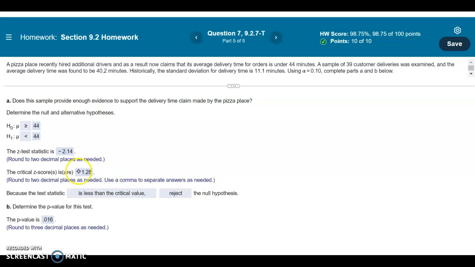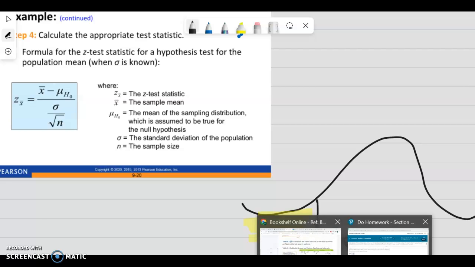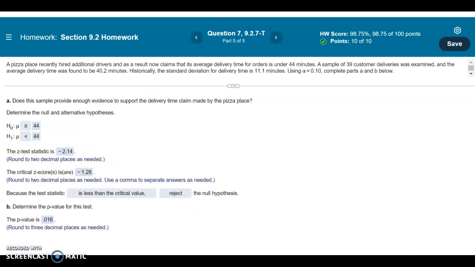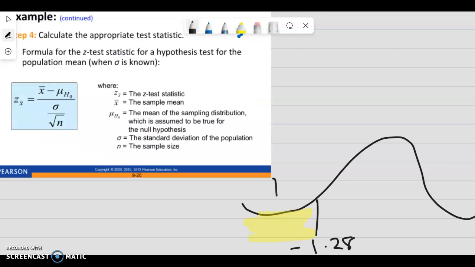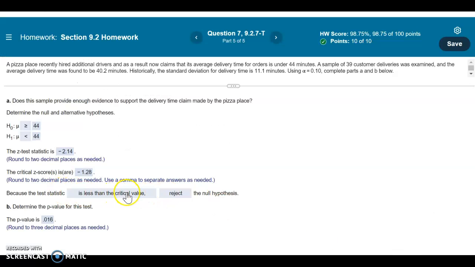If we do our critical value, it's negative 1.28. And our test statistic was negative 2.14. Well, negative 2.14 would be smaller, to the left of this, so it is in the rejection area. So, since our test statistic is less than the critical value, we would reject.